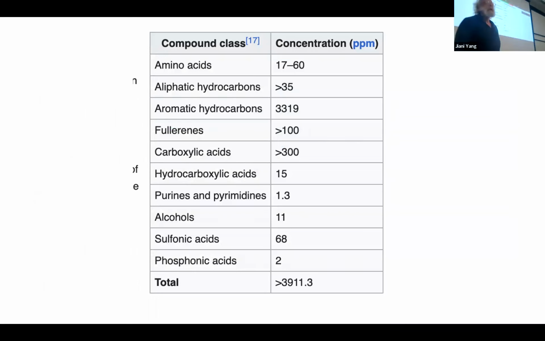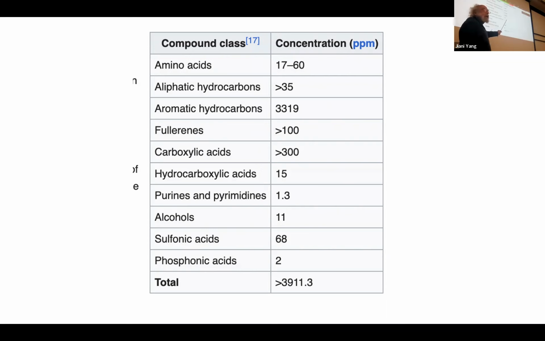Here is what they found in terms of organics on the meteorite. Amino acids, a number that has now grown to over 100 different amino acids. Aliphatic hydrocarbons, which they think were made on the surface of the thing. Aromatic hydrocarbons in great abundance. Fullerenes, the famous fullerenes.